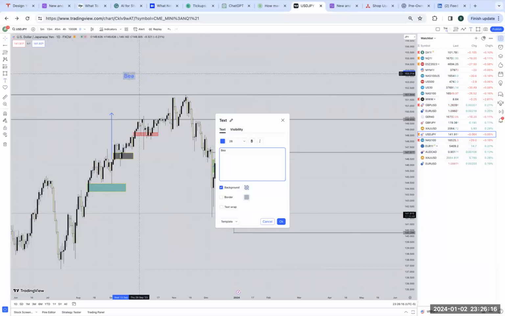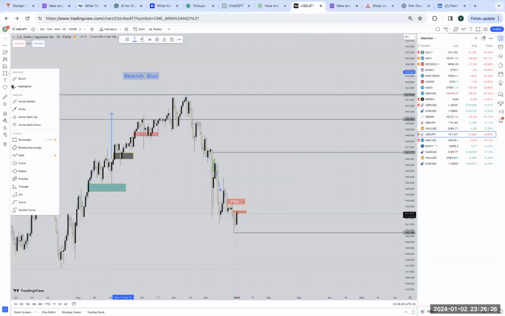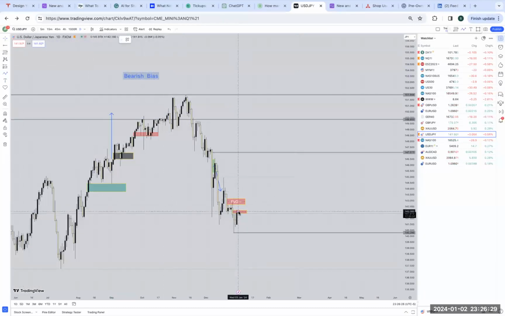On dollar yen, you'll see JPY. Do a couple more. USD JPY. That's three right there.